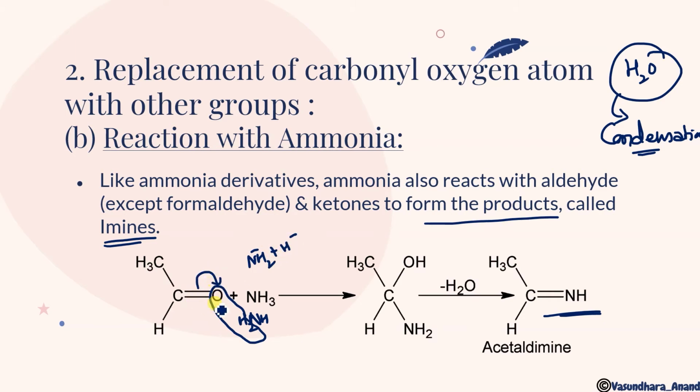This bond will break on this side, OH, and NH2 will come in. Now in the next step, water will go out as a condensation reaction. So this will form OH from this, and H of this will go out, and this bond will shift here. This will form imine. Whichever we are using, like we have used acetaldehyde, so we'll say imine of acetaldehyde. If we use ketone, we'll say imine of ketone, acetone, like this. Clear? Any doubt in this? These are all repetitions, and I hope you can get it very easily, isn't it?